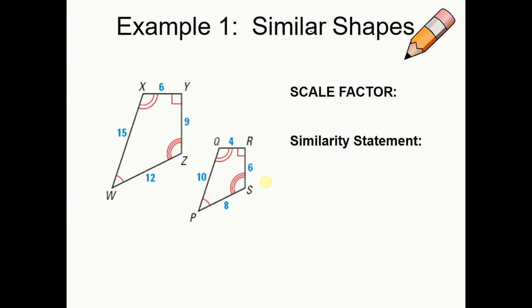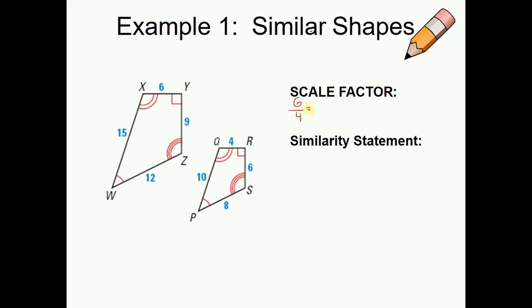So let's try the first example here. We need to find the scale factor first to see whether they are similar or not. What that means is putting each side of the shape over each side of the other shape just to see if we get the same fraction. So I'm going to go XY to QR, so that's 6 over 4.